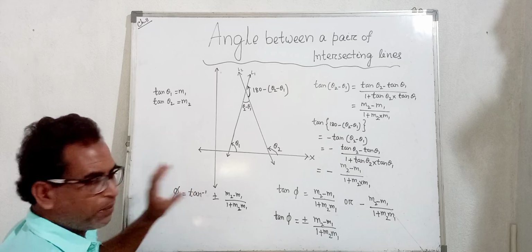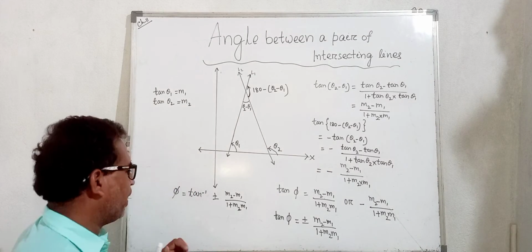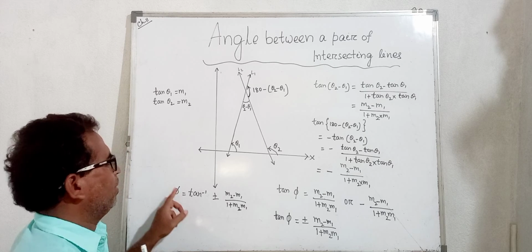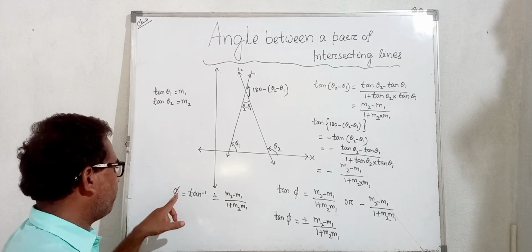This is the concept. Applying this formula, you can find the value of phi, that means the angle between two straight lines. So phi has two values.